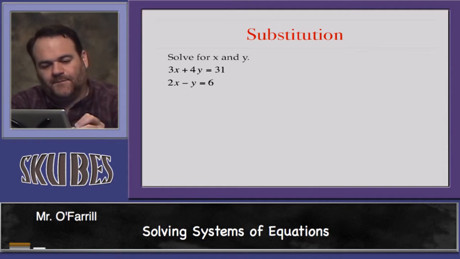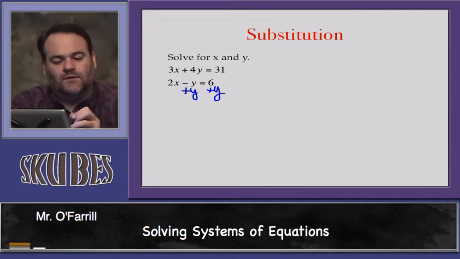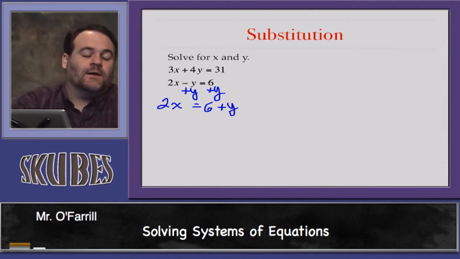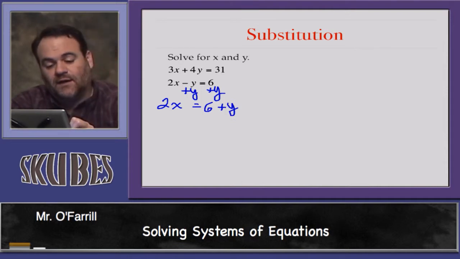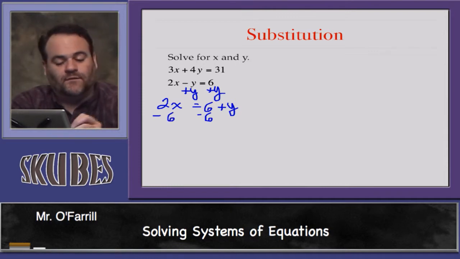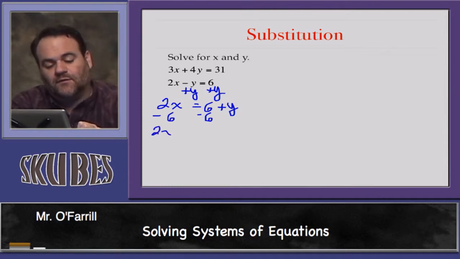We'll begin by adding y to both sides so that we get 2x equals 6 plus y. And then to get y by itself, we'll subtract 6 from both sides. We end up with 2x minus 6 equals y.